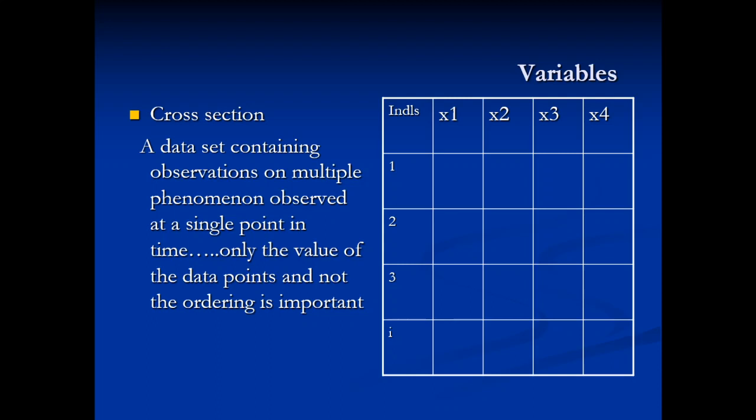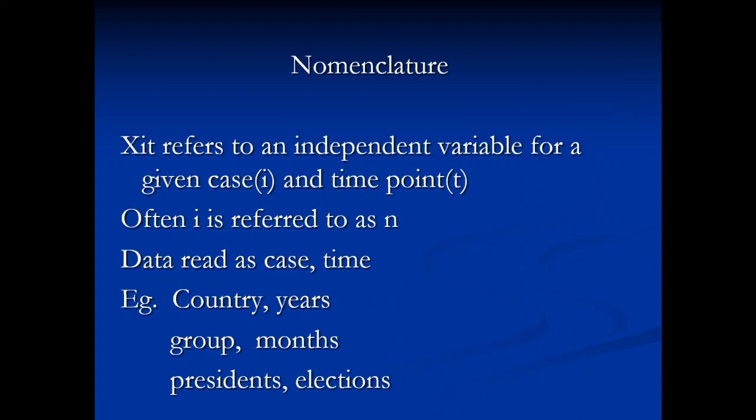That's for one particular individual. Now for the second observation, maybe the second individual is Shruti. What are her details regarding X1, X2, X3, etc. at a particular point of time? So only the value of the data points is important here and not the ordering 1, 2, 3, up to I. Whether it is Sam or Shruti or Gopika or Megha or anybody else doesn't make any difference here.